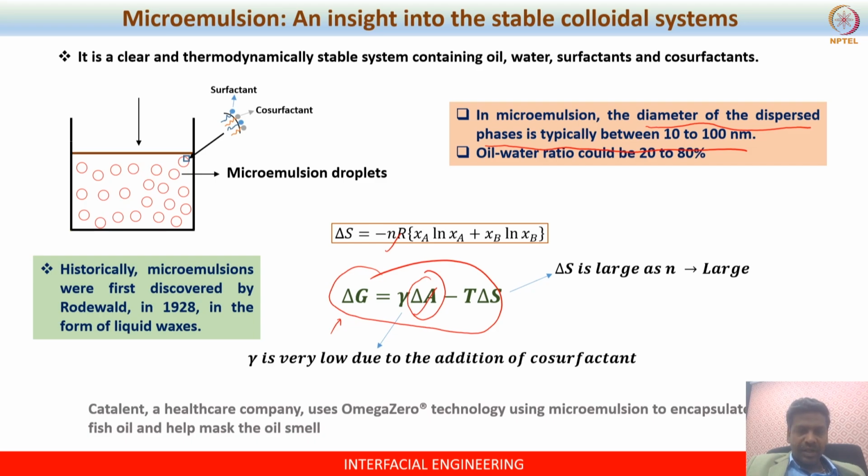That is because of the application of surfactant and co-surfactant. We can also look at various types of microemulsion as we move along, and we will look at the ternary phase diagram of surfactant, water, and oil, all three components.